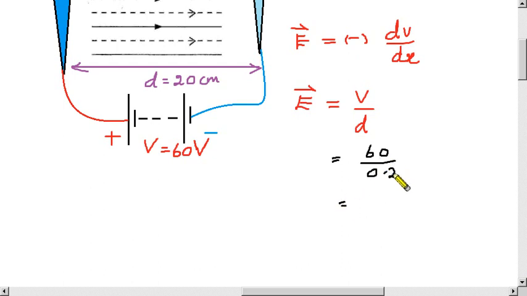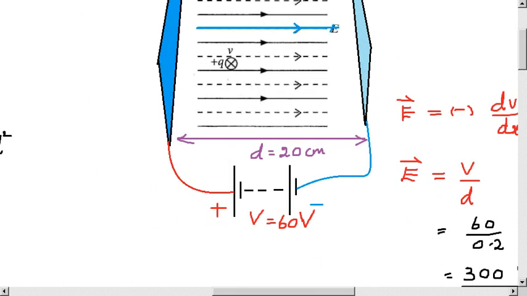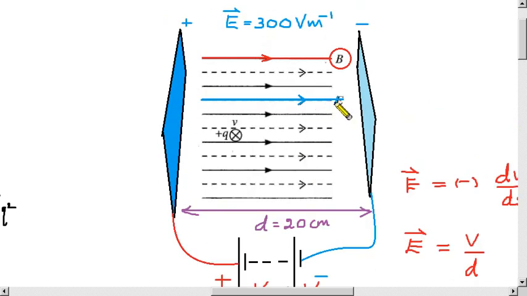So 600 divided by 2, 300. That is the value they have given in the question, volt per meter. So this is how we fulfill that condition practically.